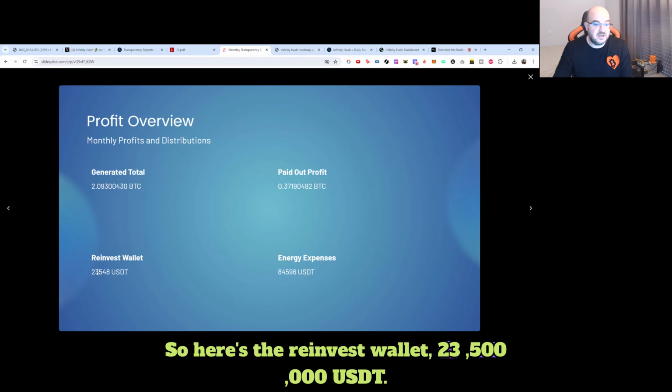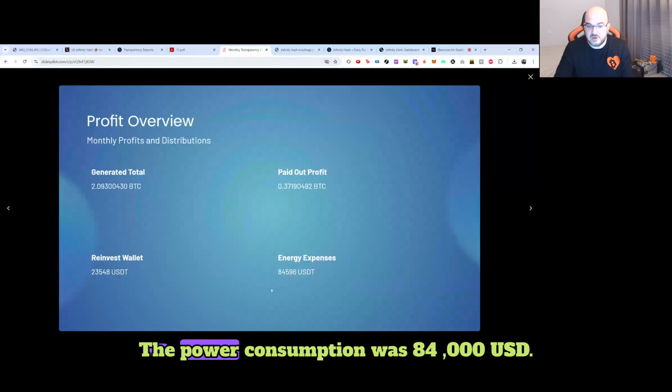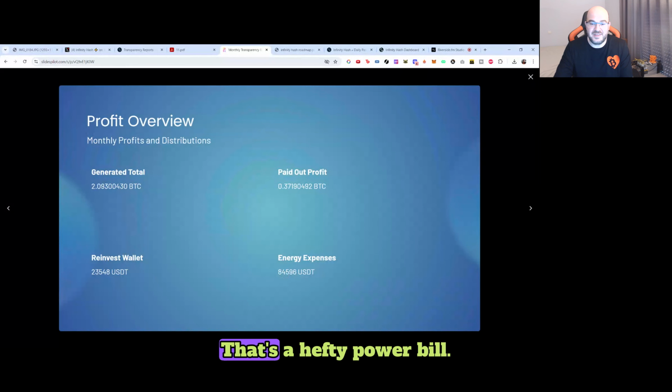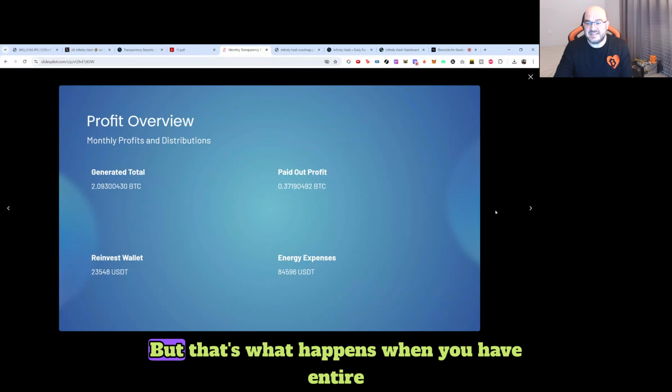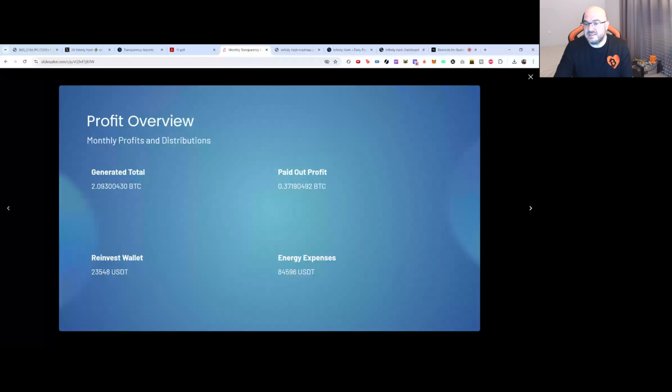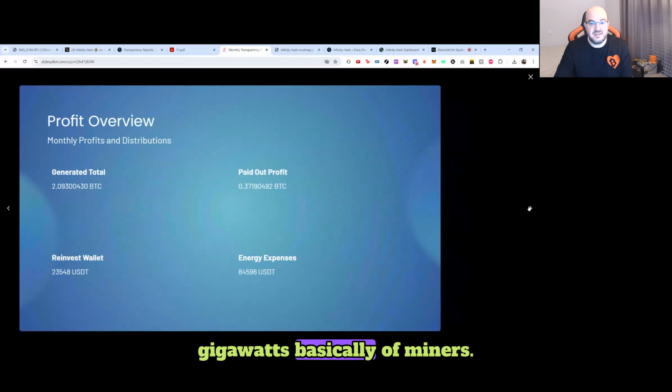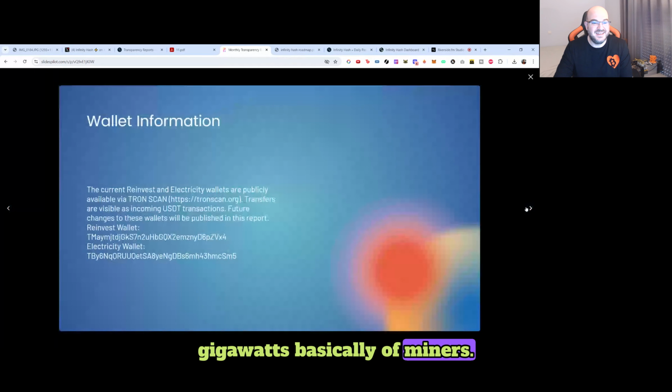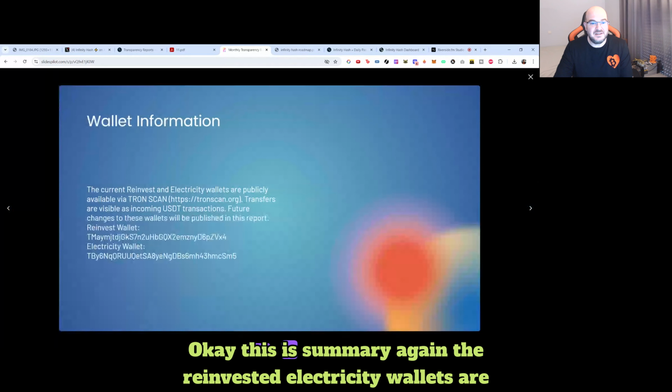So here's the reinvest wallet, 23,500,000 US dollars in USDT. The power consumption was $84,000. That's a hefty power bill, but that's what happens when you have entire gigawatts basically of miners. Okay.